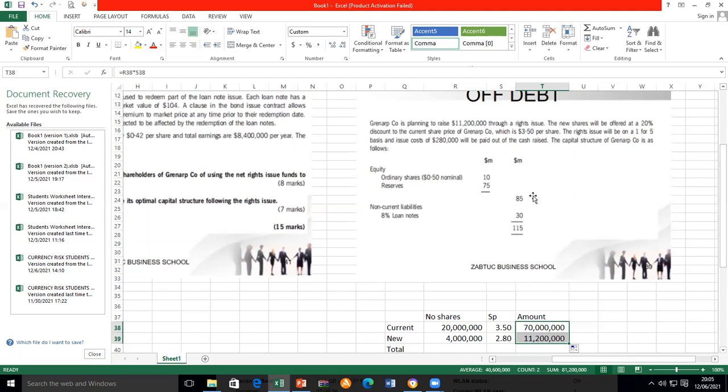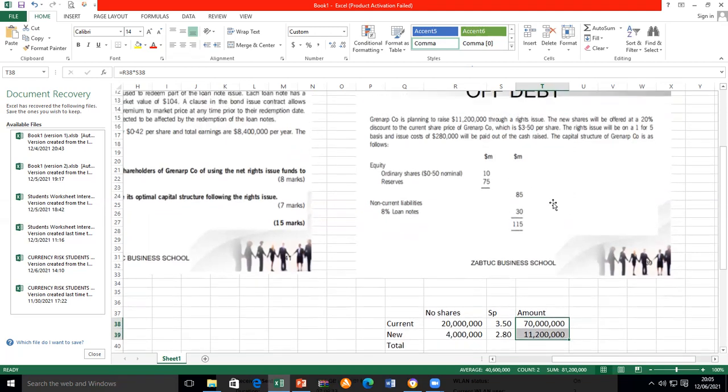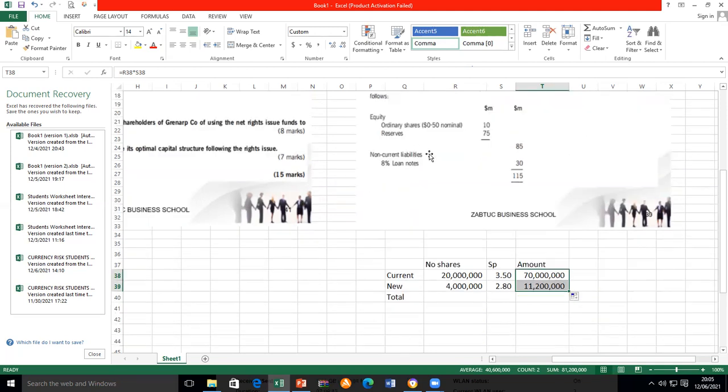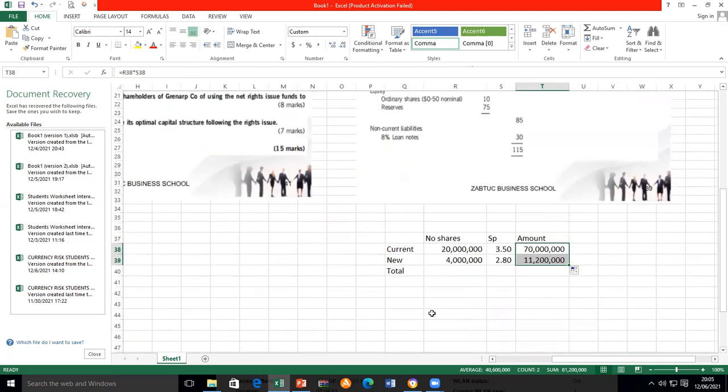Now they are saying that out of this amount, the issue costs are 280. There's an issue cost of 280.